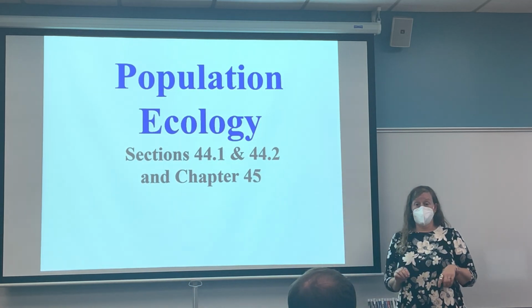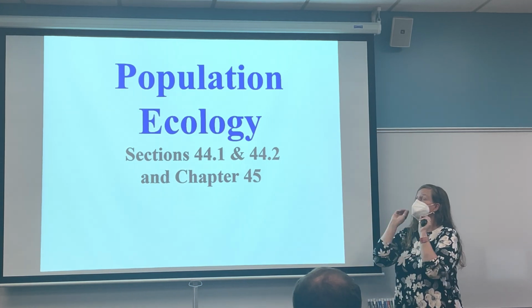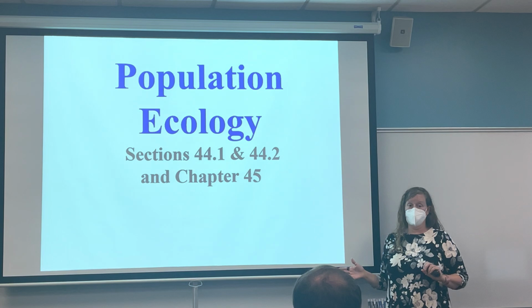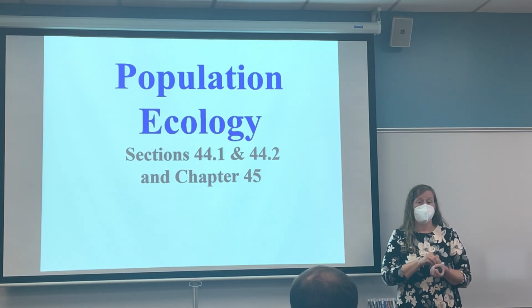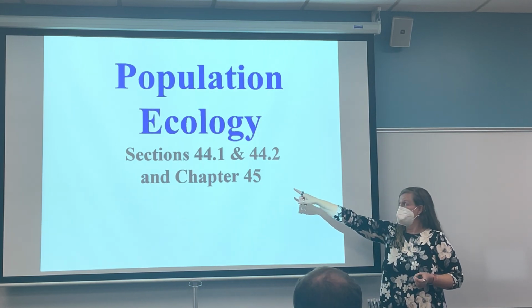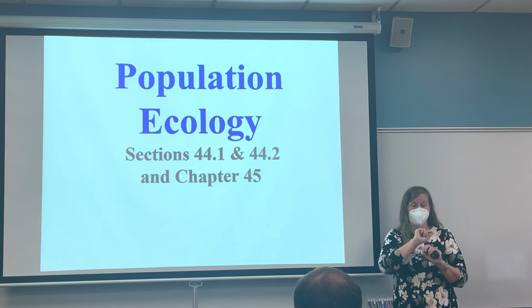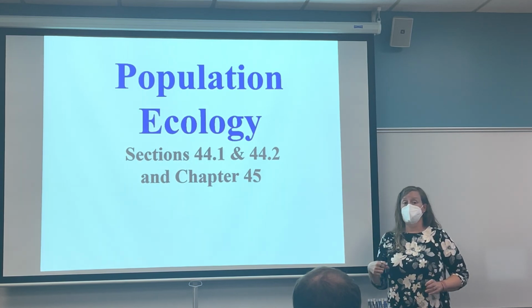The objectives also help you hone in on exactly what you need to study, so you don't have to read all of chapter 44. That's wasting your time. I want you to be efficient with your time. So look in these sections for population ecology, look at the objectives, and write them out. Any questions about objectives, you can always ask me.